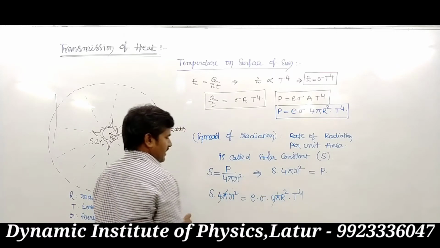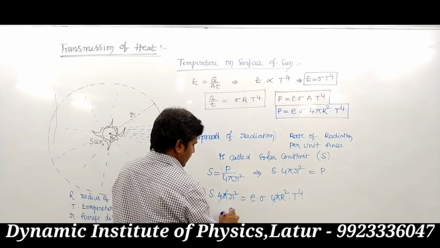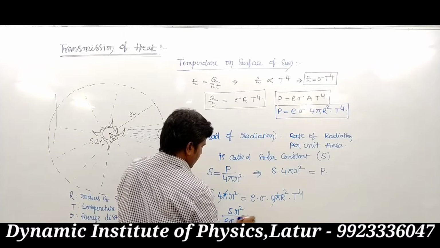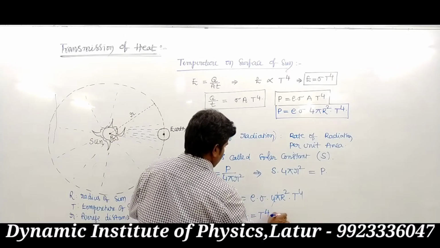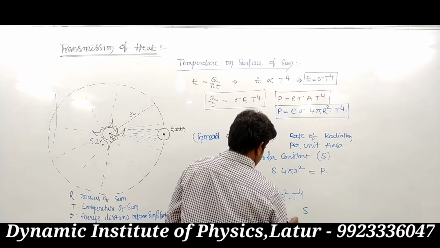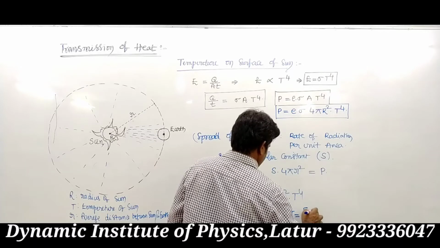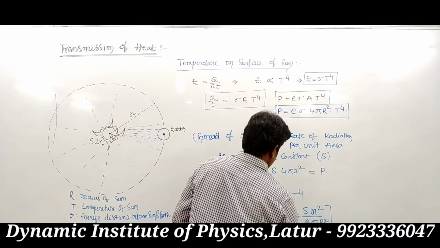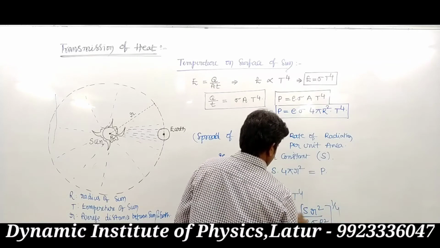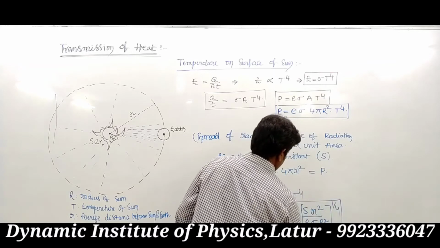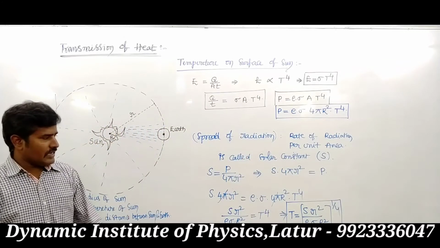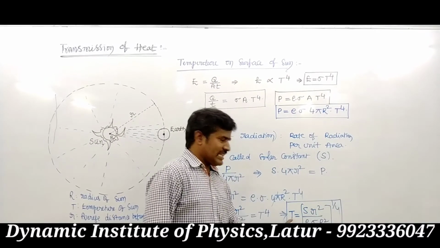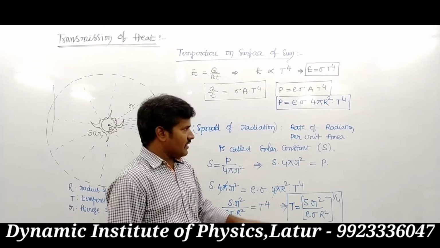The 4 pi cancels. So S into r square divided by e into sigma into R square equals T power 4. Therefore T equals S into r square by e into sigma into R square, whole power 1 by 4. This is the temperature of the sun.